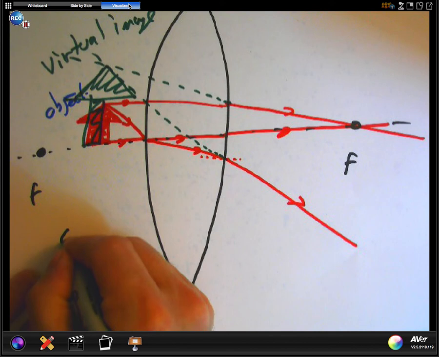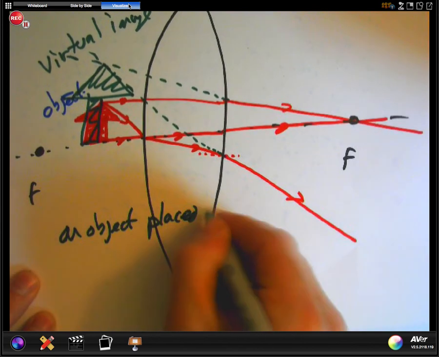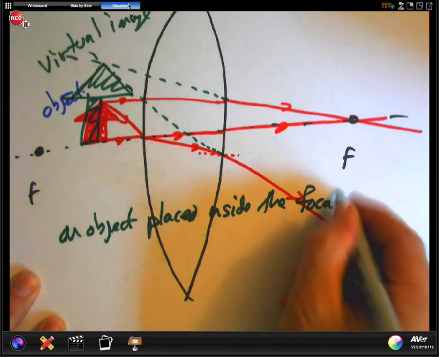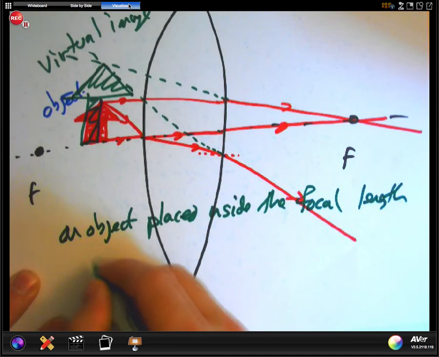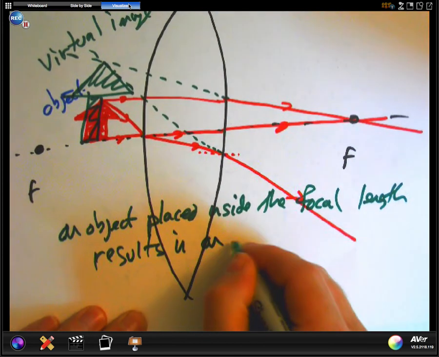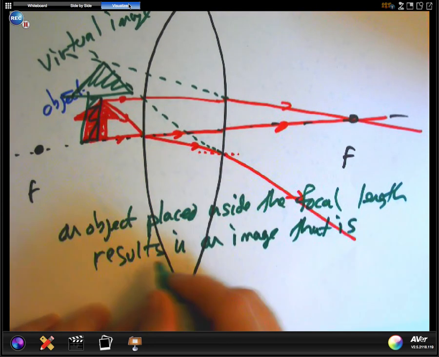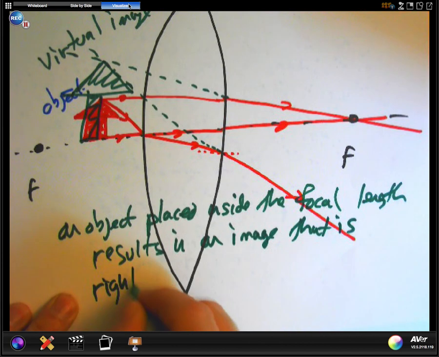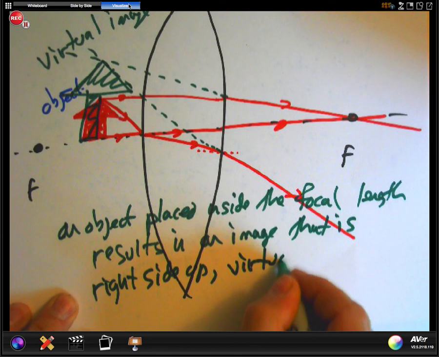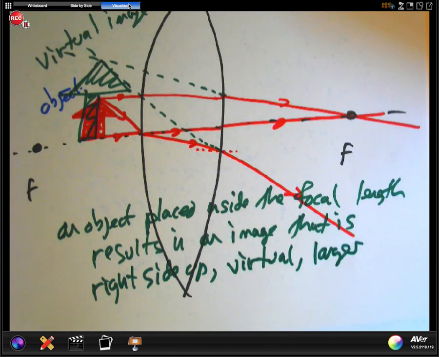So an object placed inside the focal length results in an image that is right side up, virtual, and larger.